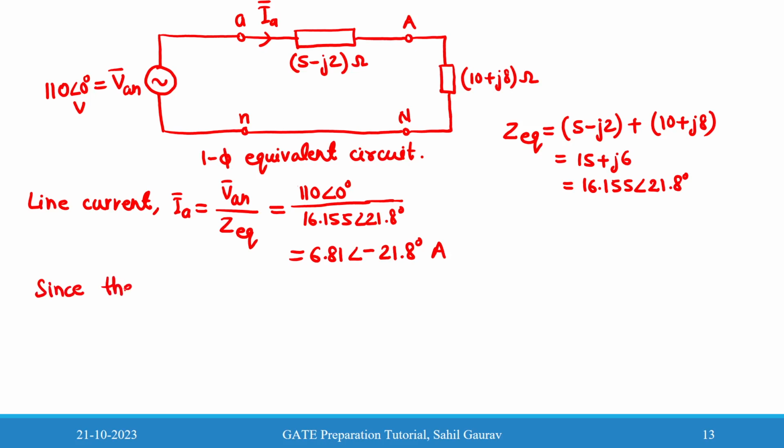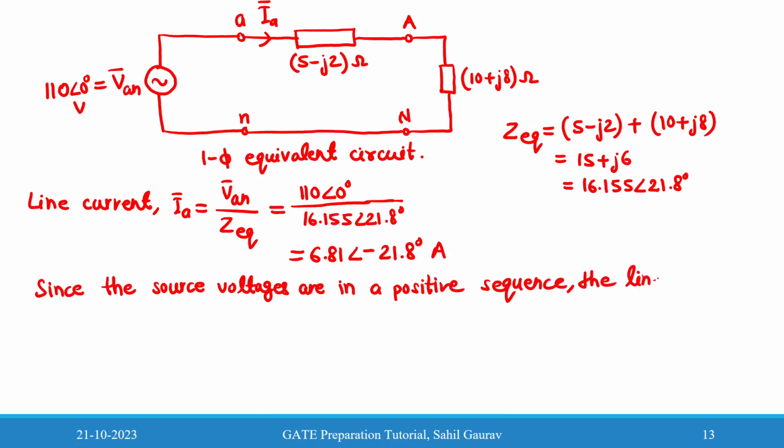Whatever the source voltages are given in that sequence, the currents will also come in that sequence only. You can write that since the source voltages are in ABC sequence, or you can also write are in a positive sequence, in that sequence only the line current will come.